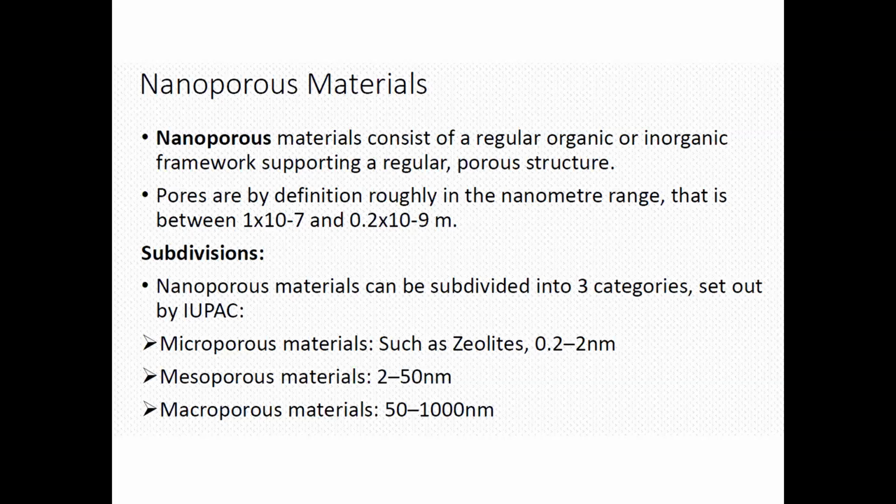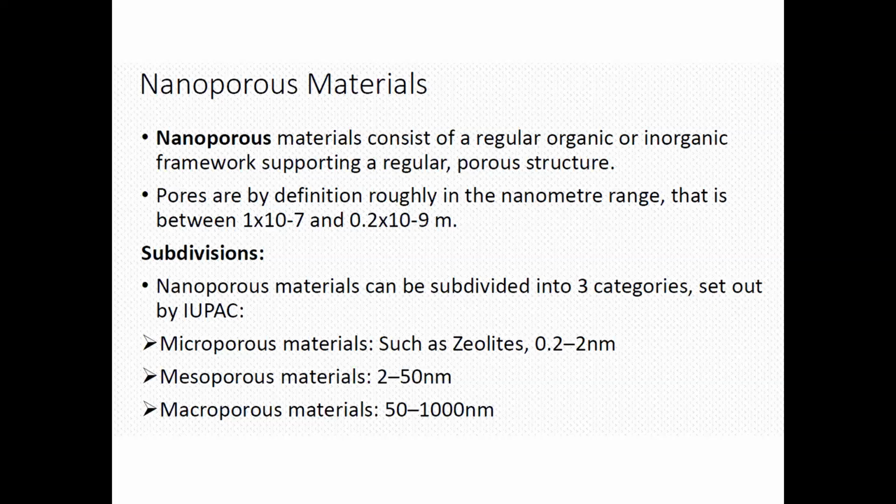Because the difference is very high, more than 2 orders of magnitude, they are further subdivided into 3 different parts. They are called microporous materials, such as zeolites, mesoporous materials, and macroporous materials. You'll see that the names are quite misleading.